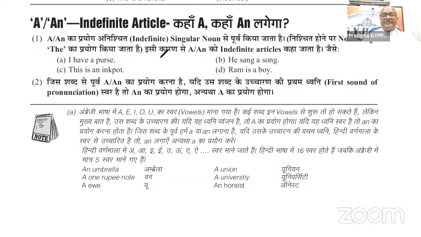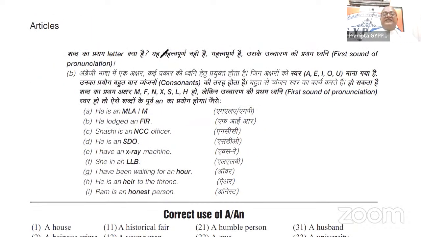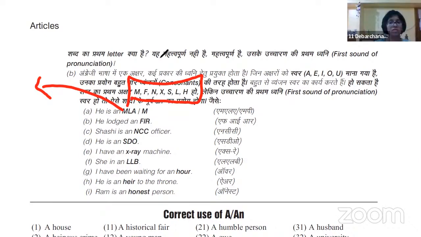Since we have understood this much, there are some cases where the word begins with a consonant letter, like M, F, N, X, S, L, H. Carefully observe the pronunciation.